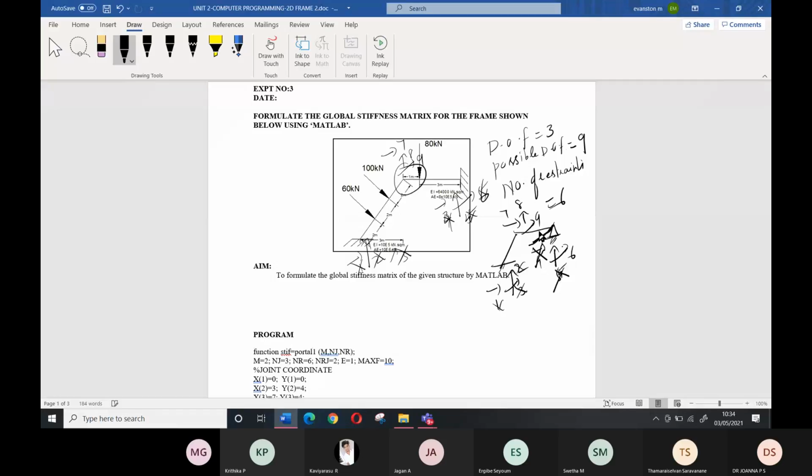This is a hinge support, so theta is available. Here this end can rotate. If it's a fixed support, theta will be equal to 0, rotation is not allowed, but in a simply supported end rotation is allowed. So this 6 is available. So the total degree of freedom for the structure is 7, 8, 9 and 6. For this case, the degree of freedom is 4.